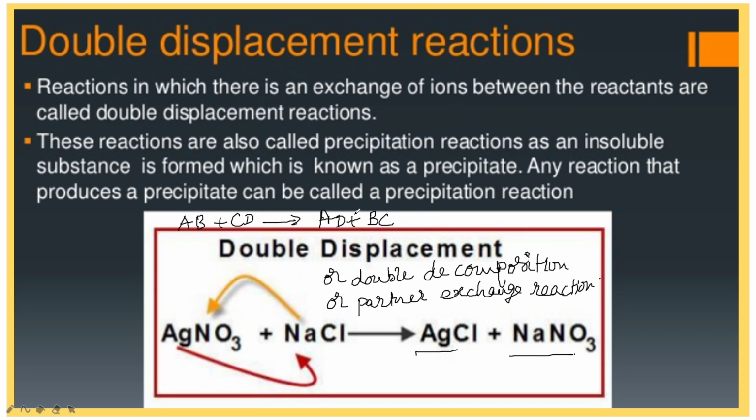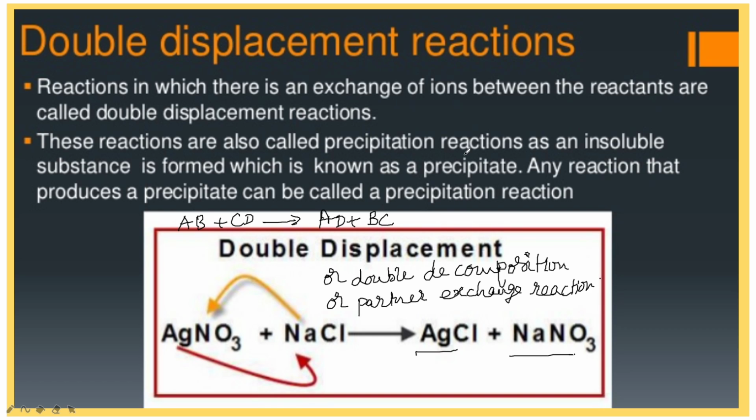This precipitate is an insoluble product formed during the reaction of two ionic compounds in aqueous solution. The reaction in which one of the products gets precipitated is called a precipitation reaction. Any reaction that produces a precipitate is called a precipitation reaction. The insoluble product that forms is called the precipitate.